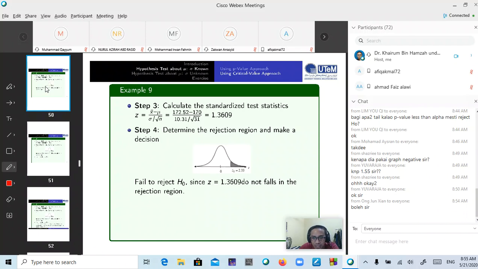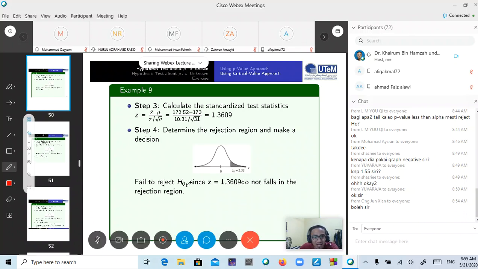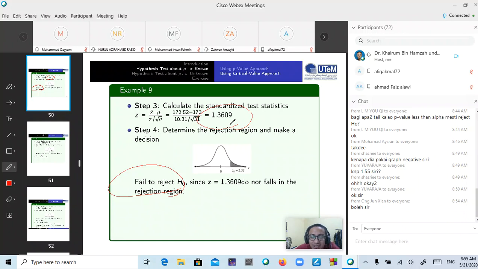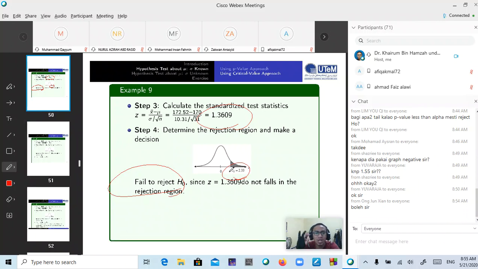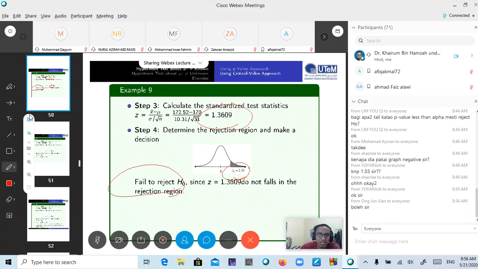Determine the rejection region: fail to reject H naught. Why fail to reject H naught? Because your Z calculation of 1.3609 does not fall in the rejection region. The border of the rejection region is 2.33, but you got something smaller than that, so it does not sit in the rejection region. So, fail to reject H naught.